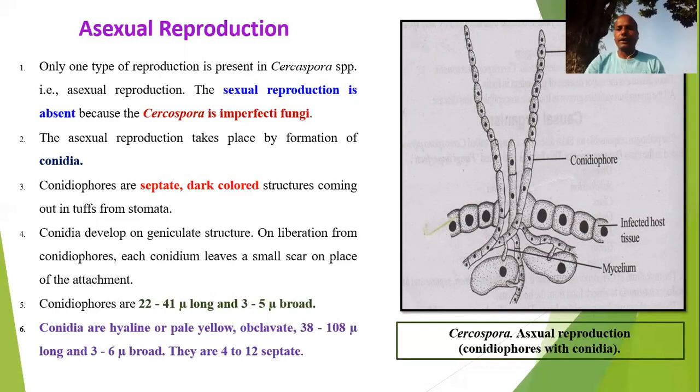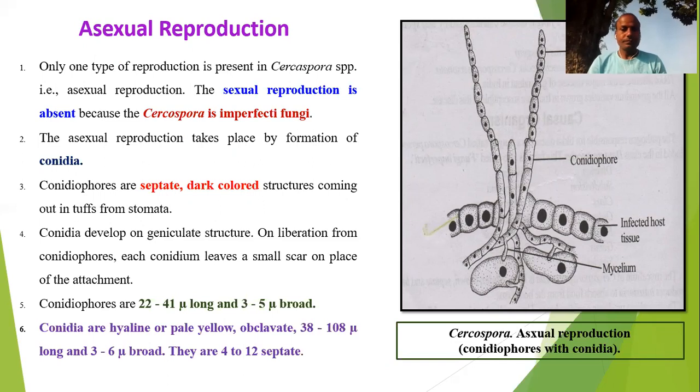At the maturity stage, the conidia separate from the conidiophore and can be carried by wind in favorable conditions. Favorable means when sufficient food material and a suitable climate are available. Then the conidia germinate into a new thallus, or they can cause the disease. That is a simple way of asexual reproduction.